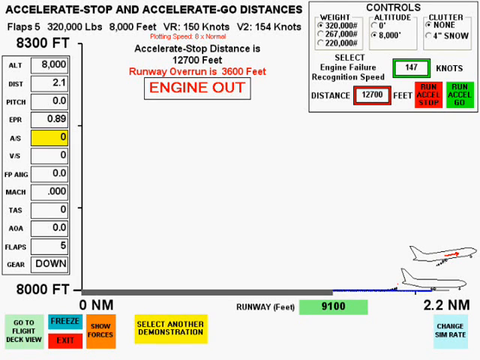Since we would need over 13,000 feet of runway, which we don't have, let's reduce the gross weight to 267,000 pounds, where V1 is 131 knots.